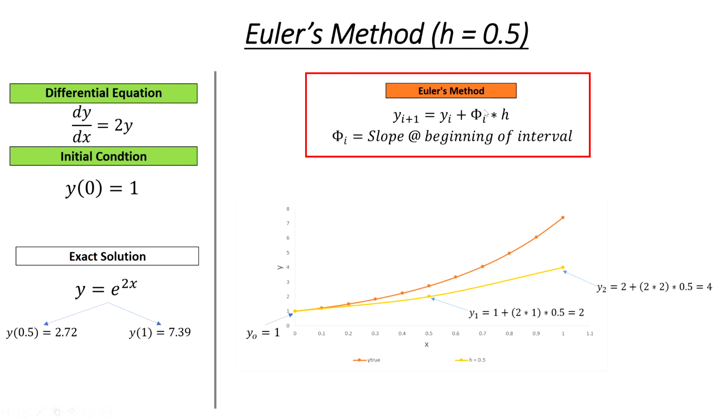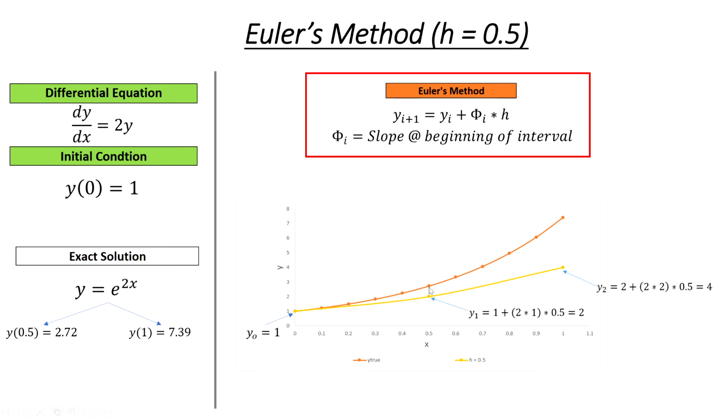We're going to add to it this phi, which we know is the derivative at y_i, and we have an equation for the derivative here. So it's basically 2 multiplied by y, and we know here y is 1. So 2 multiplied by 1 is 2, and multiplied by the step size that we have here, 0.5. So we have 1 plus 1, so 2. So Euler's method estimates y equal to 2 at x equal to 0.5.